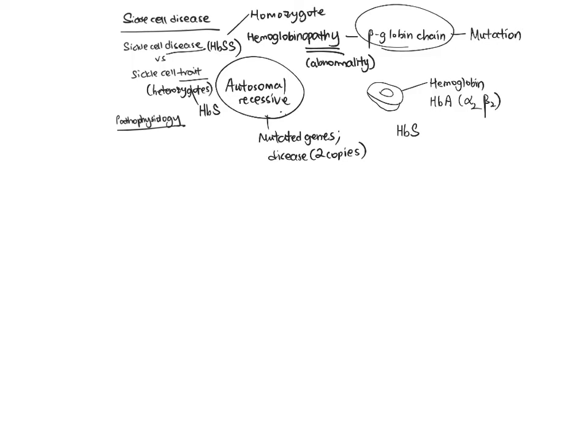And it's also important to mention that sickle cell trait confers some form of selective advantage. The reason for that is that in certain populations in Africa, where malaria is more prevalent, the malaria parasite tends to have one of its life cycle stages in the red blood cell.